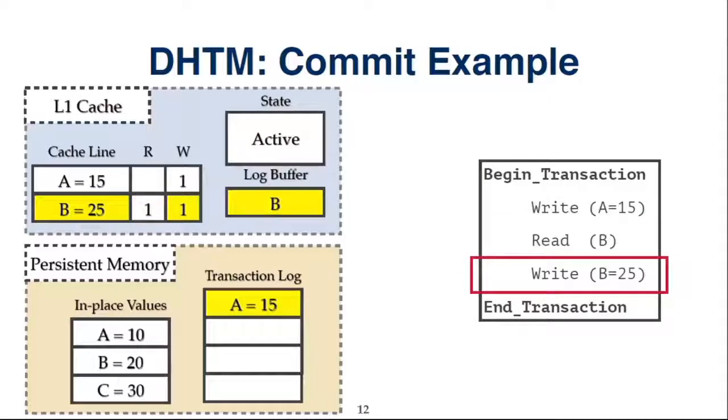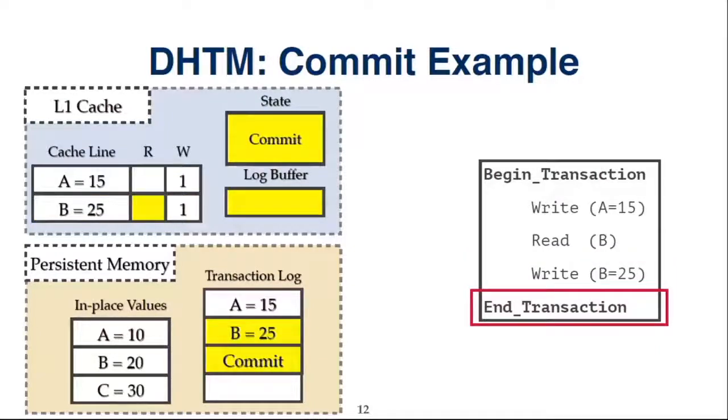When B is modified, the log buffer already had an entry A, and since A has to overflow from the log buffer to accommodate B, a log entry for A is written to the transaction log in persistent memory, and then B is modified in place and its write bit is set.